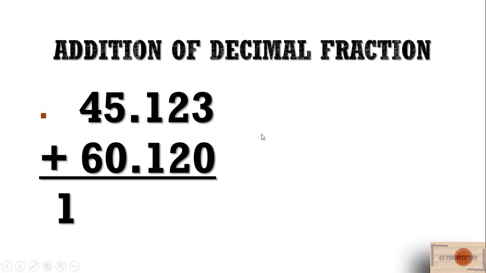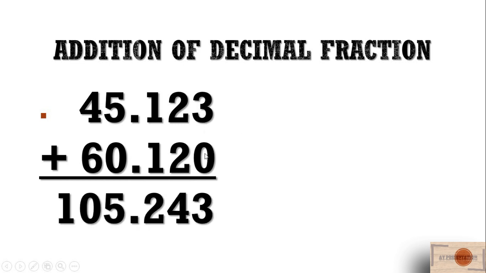Here 3 and 0 is 3, then 2 plus 2 is 4, then 1 plus 1 is 2. Write the decimal point as it is, then 5 plus 0 is 5, and 4 plus 6 is 10. So the final answer is 105.243.